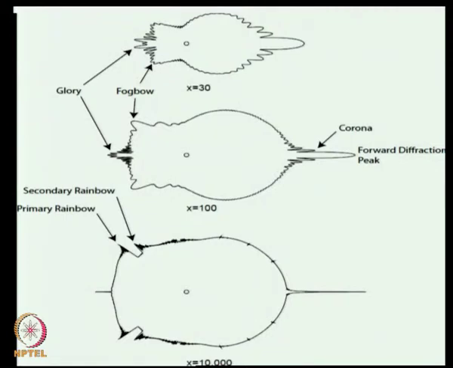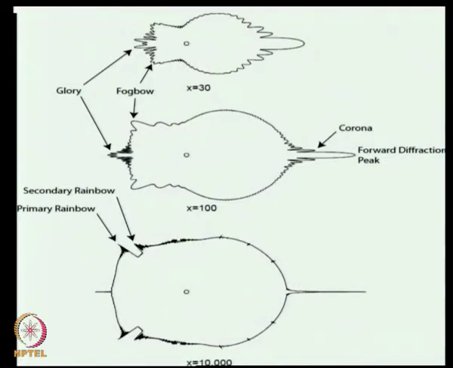So, what you see is that we are in a position to explain natural phenomena such as the primary and secondary rainbow as well as the dark band by applying the basic laws of electromagnetic theory, Maxwell's equations, solving them on the computer, and every observed feature can be explained by the phenomenon called Mie scattering.